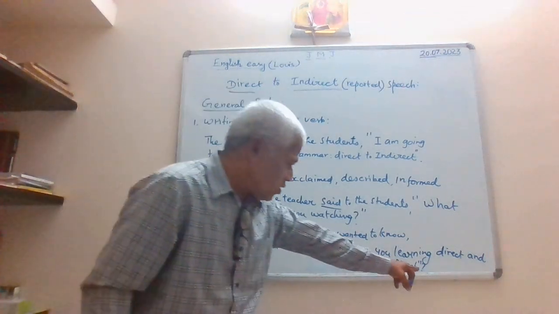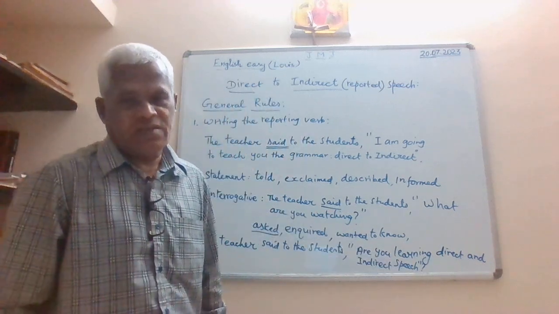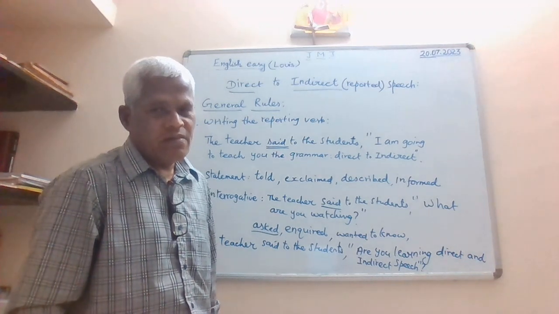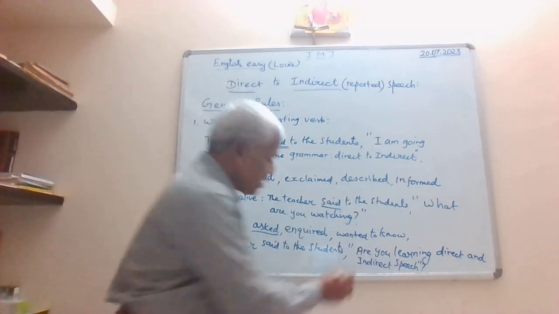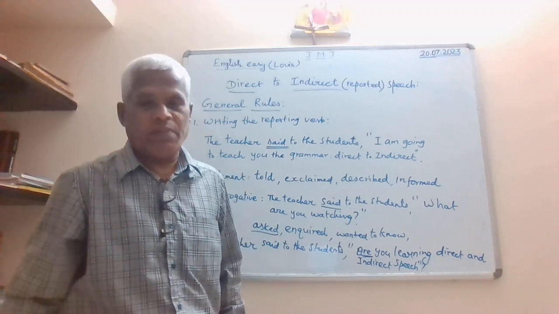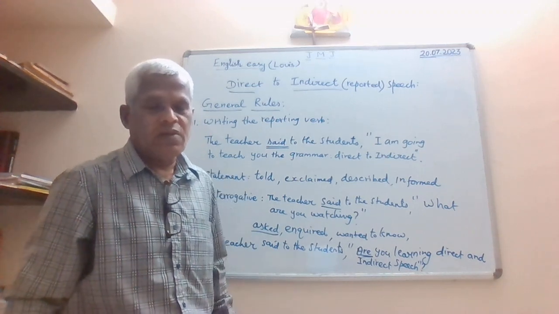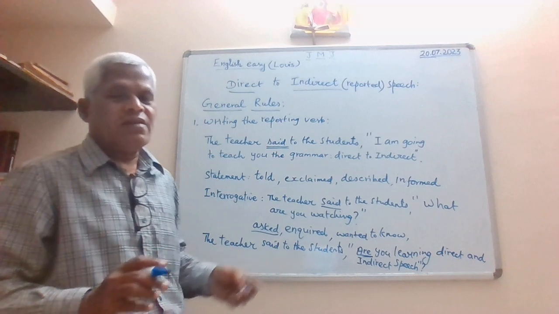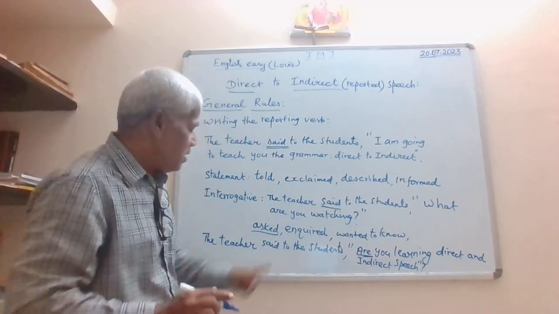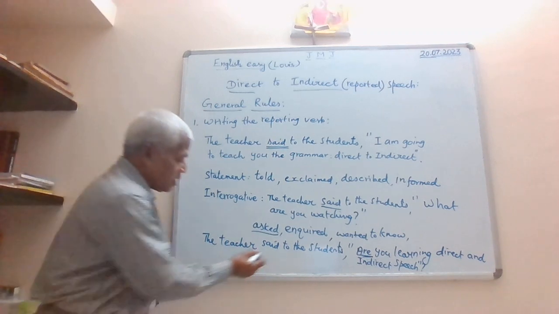Now again, this is also an interrogative sentence, beginning with an auxiliary verb, are. In other words, this is known as the yes or no type. So if you have a sentence like this within the inverted commas, beginning with the auxiliary verb, again what is your reporting verb here? Again said.